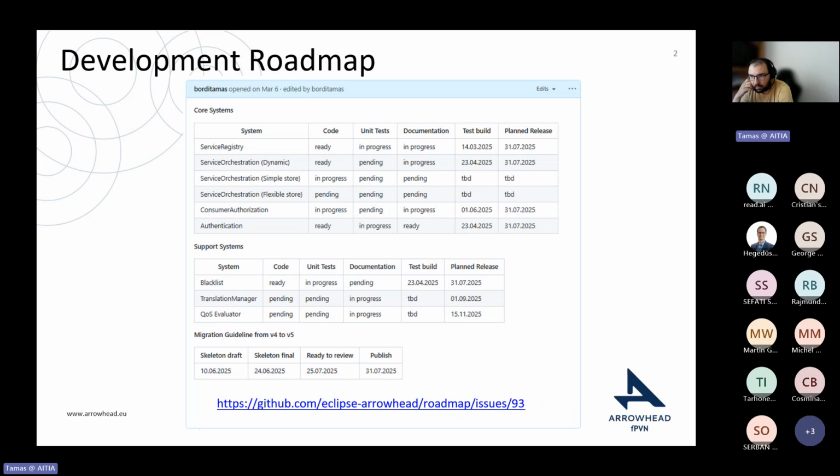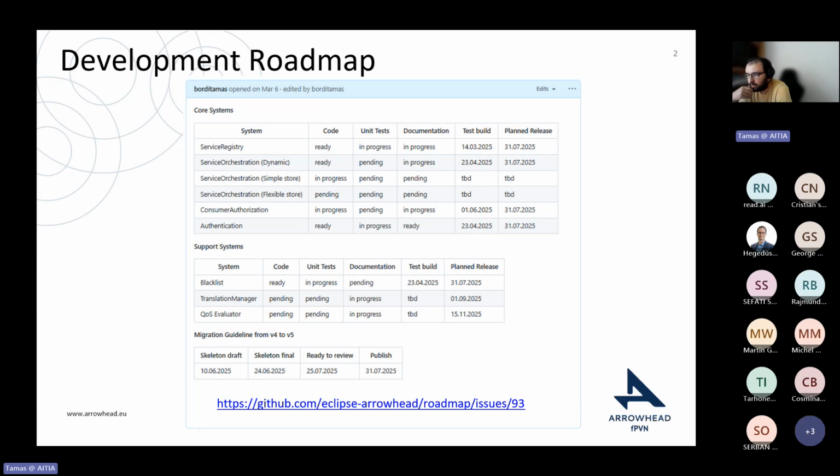One important note regarding the coming releases: since this is a completely new generation with a lot of fundamental changes, we plan to publish also a migration guideline on how you should migrate your application system from Arrowhead version 4 to Arrowhead version 5.